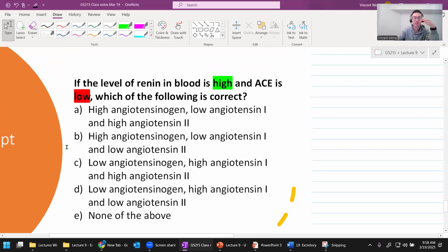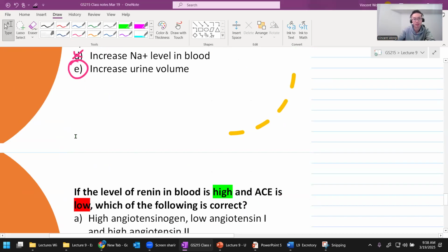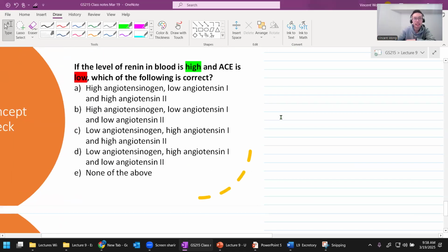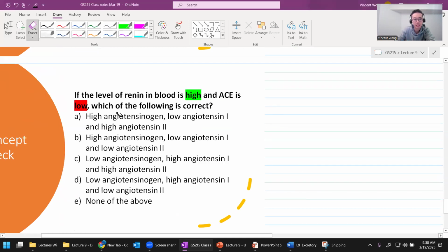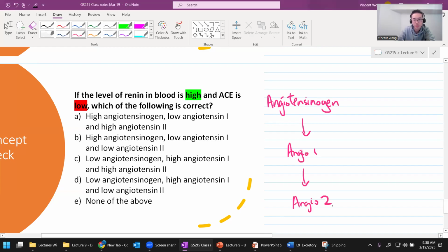Next. Now this one is really hard. I have two of them for you to think about. I'll teach you how to think about this. So first of all, this is talking about angiotensinogen, and then it's going to become angiotensin 1, and then angiotensin 2.